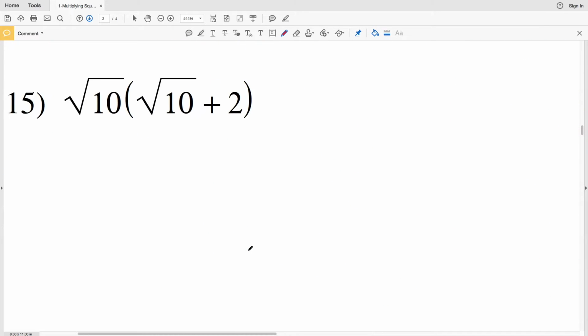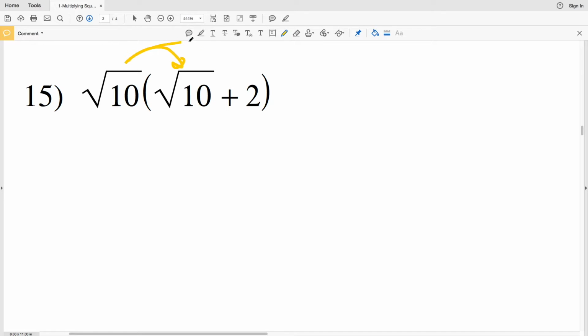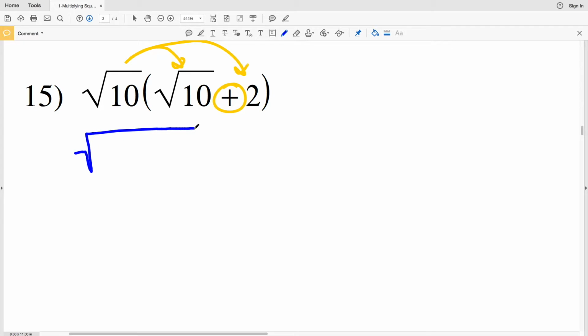In number 15, again, we're distributing, and there's addition in between. So I have the square root of 10 times the square root of 10, which is the square root of 10 times 10, and that's going to be added to the square root of 10 times 2.